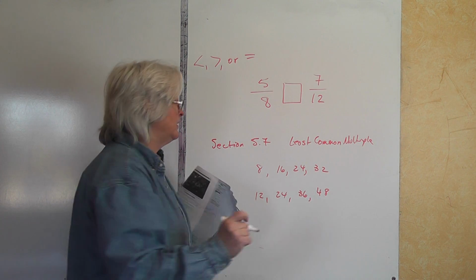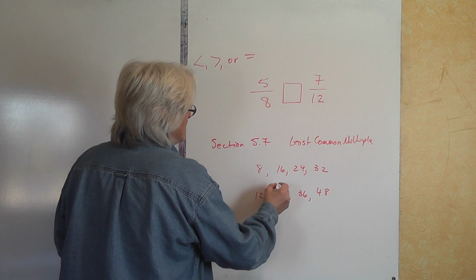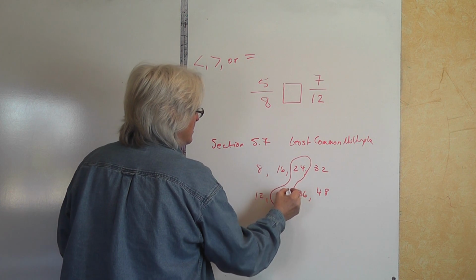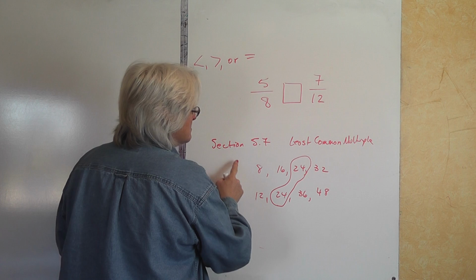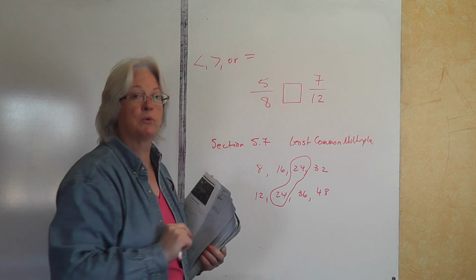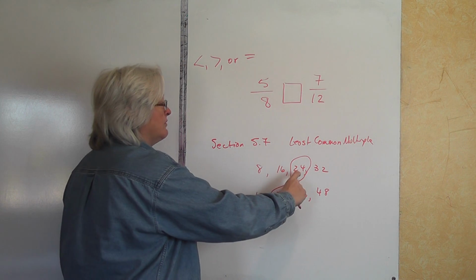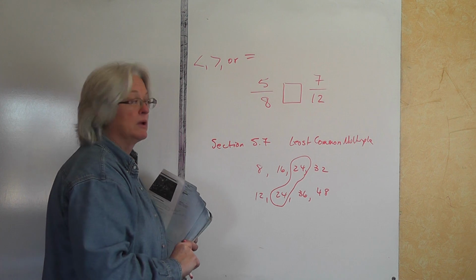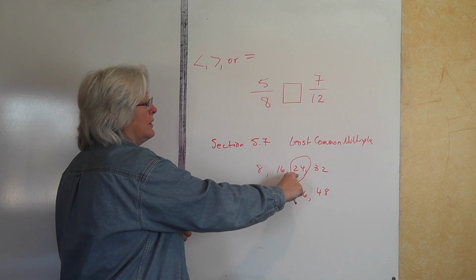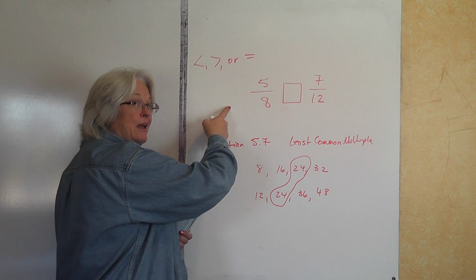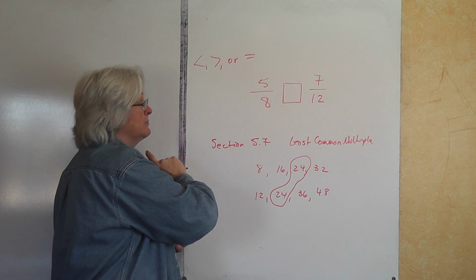Your least common multiple is the lowest multiple that those two numbers have in common. When you find the least common multiple, that's the number that we're going to use to create a common denominator.